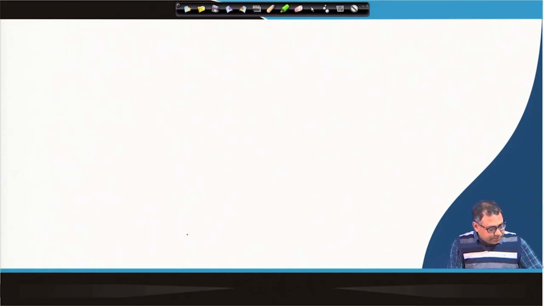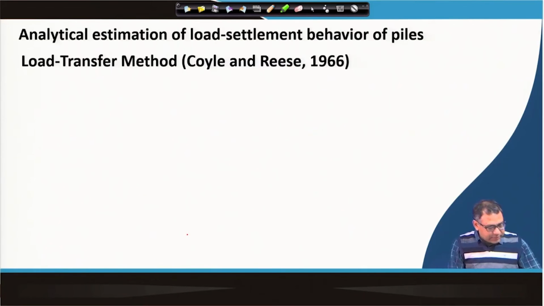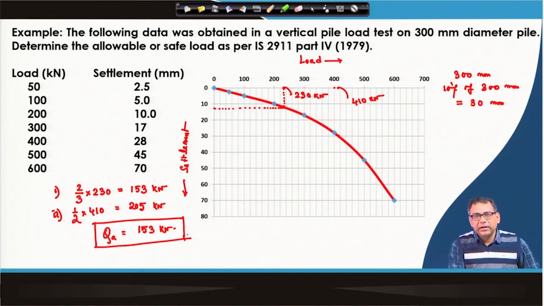The next topic that I will discuss in detail is how analytically we can estimate the load settlement behavior of piles. In the previous problem, the load settlement curve that was generated is based on the pile load test.